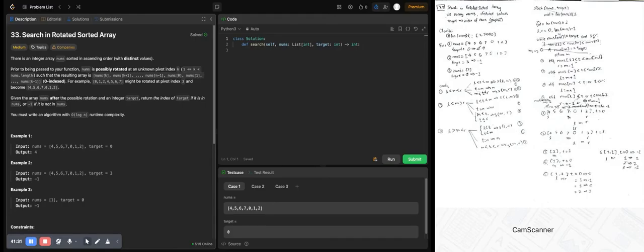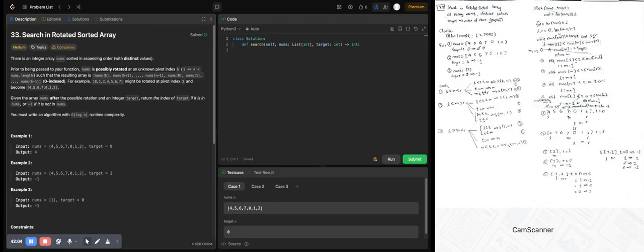Hold on, what if there are 2 elements? Okay, let's start on the edge case. If we have 1 and target is 0, then what will happen here? I will return -1 because it doesn't satisfy any of the conditions.